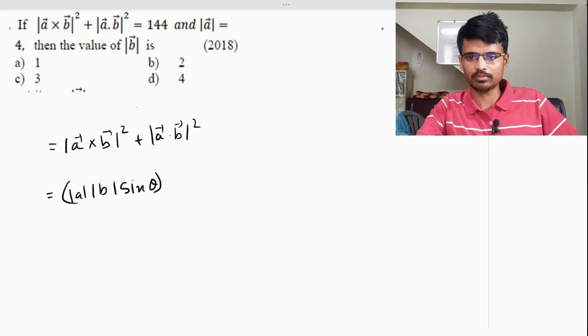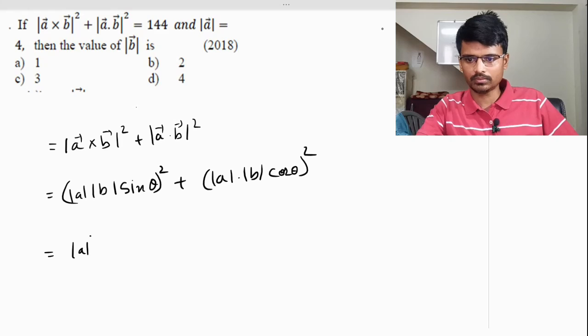So square of this one plus the dot product. When we are talking about dot product, cos theta comes into the picture. Alright, so what do I get? Mod a square, magnitude of vector a, magnitude of vector b, and sine square theta plus cos square theta, right? So what is sine square theta plus cos square theta?